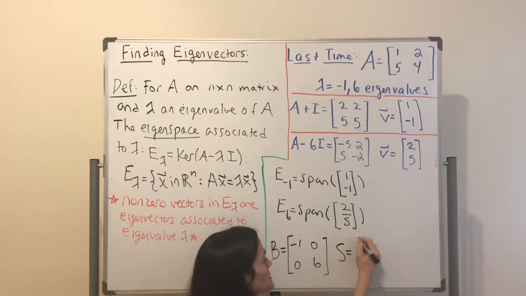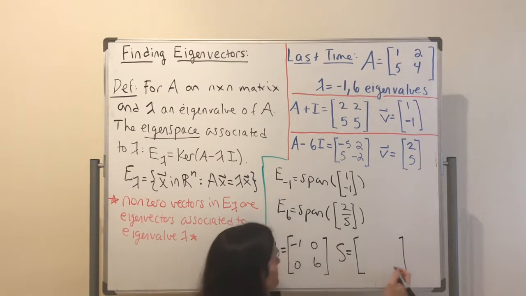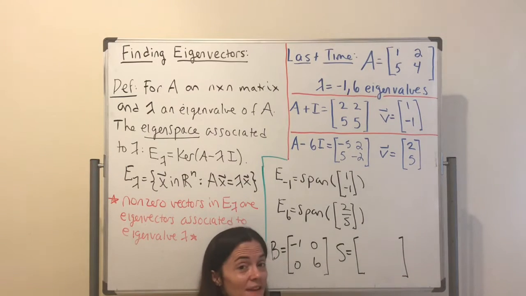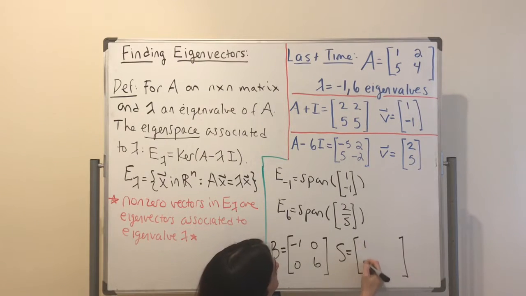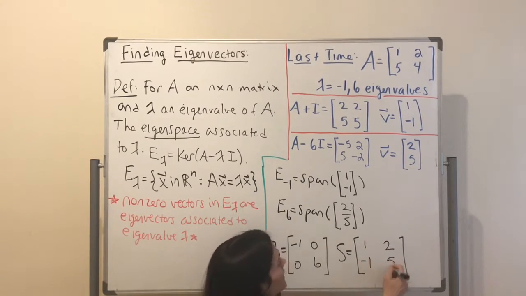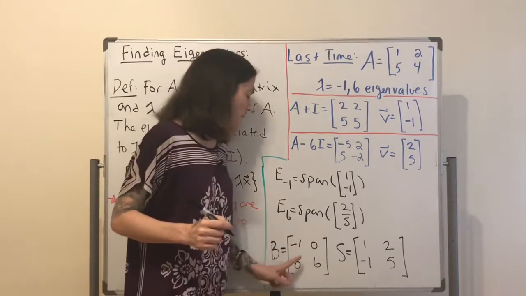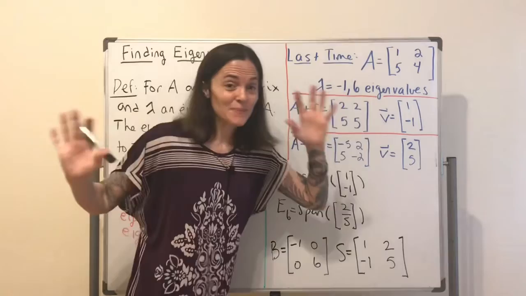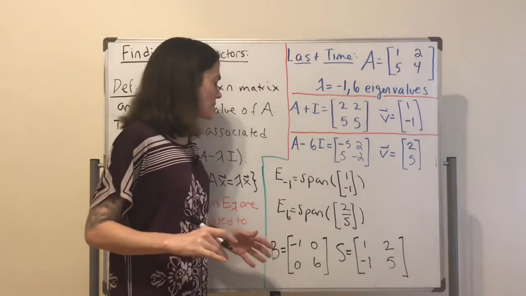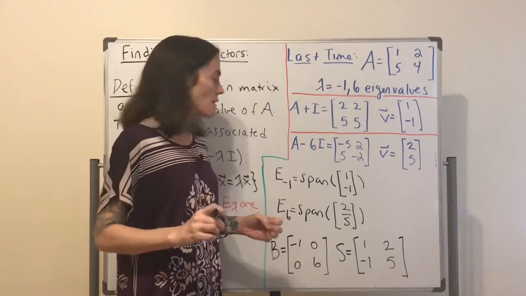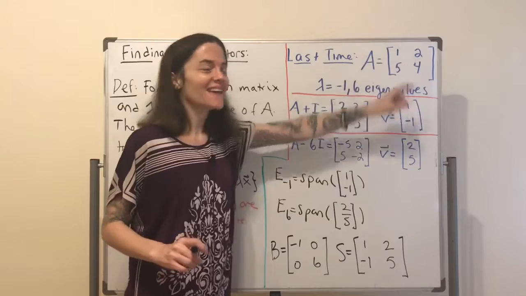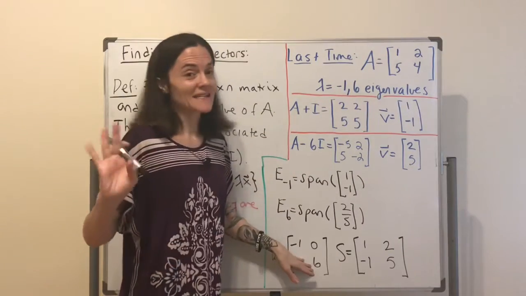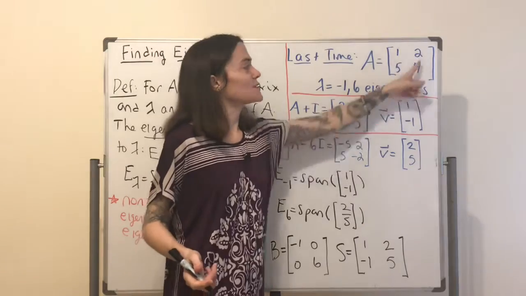And then for this matrix, we put one eigenvector for each eigenvalue in the appropriate column. So here I would put this one, and here I would put this one. This B and this A are similar matrices. You can check that, but also some things we talked about at the very end of the last video: the trace of B is 5, same as the trace of A, and the determinant of B is -6, same as the determinant of A.